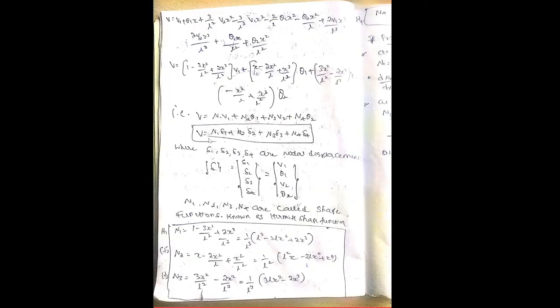So the first formula, all of you note down: V is equal to N1 delta 1 plus N2 delta 2 plus N3 delta 3 plus N4 delta 4. You write that down.